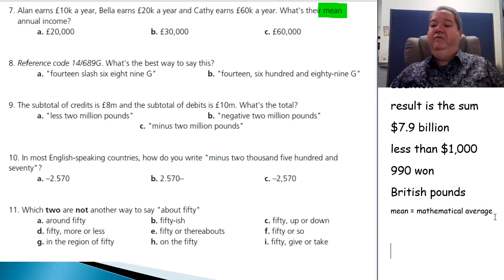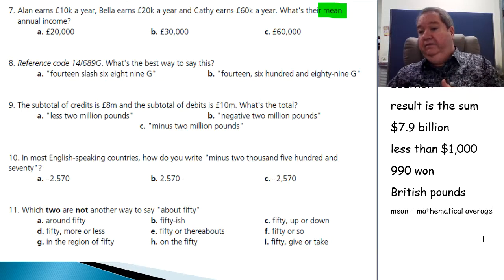How do you find the average of something? You add everything up and then divide it by how many pieces there were.